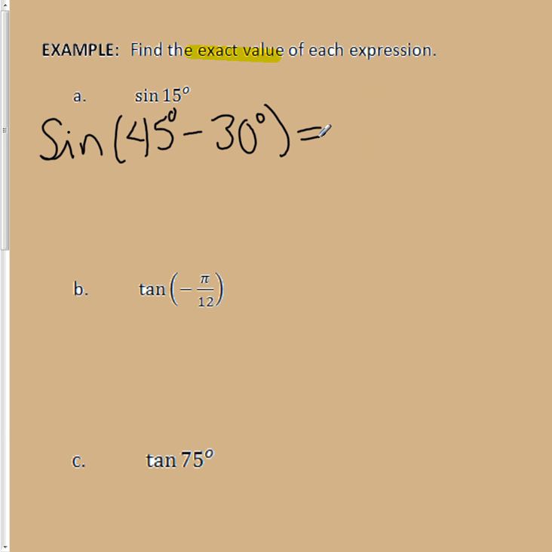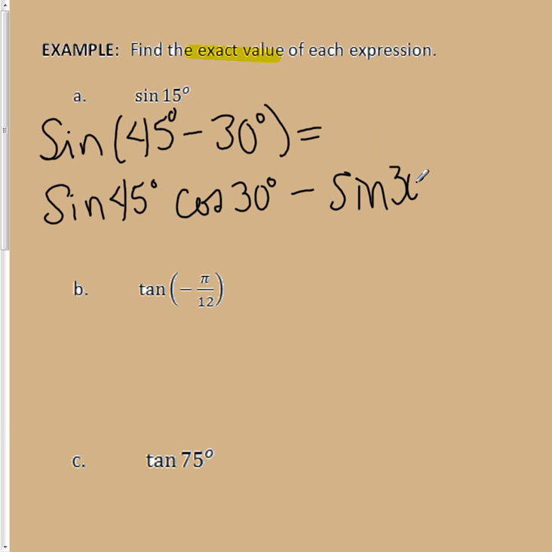Now, using the sum or difference of sine, in this case it'll be the difference, I know it's going to be the sine of 45 degrees times the cosine of 30 degrees minus, and I like to do my sines first, so I'm going to now do the sine of 30 degrees, and then I'm going to do the cosine of 45 degrees.